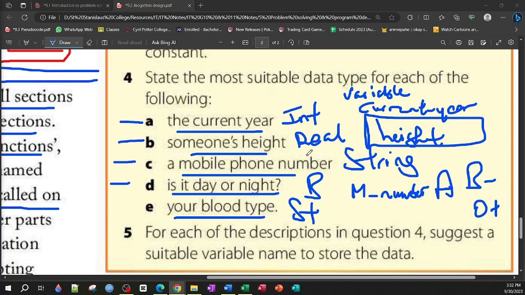Oh, I heard E. All right, give me one for D. Time of day. Time of day, or we could just simply say day, and the answer of yes or no would indicate that, and then blood type here. Good. So remember the three rules for naming a variable.